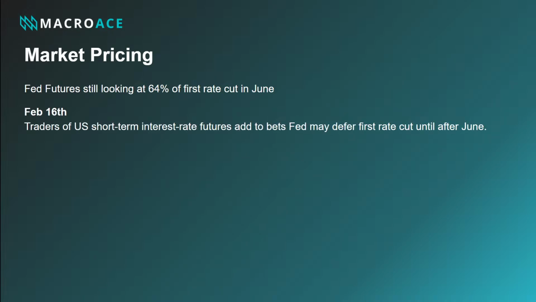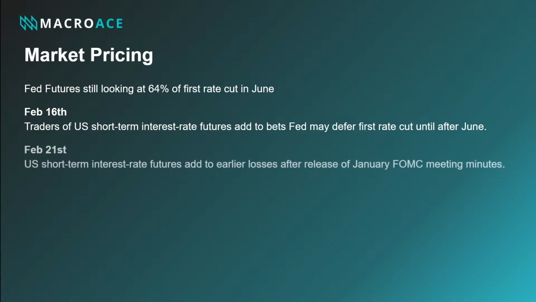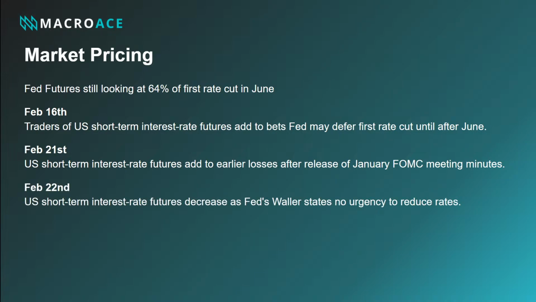February 16th, traders of short-term interest rate futures add to bets Fed may defer first rate cut until after June. 21st, short-term interest rate futures add to earlier losses after the release of the January FOMC. And then interest rate futures start to decrease as Fed's Waller states no urgency to reduce rates. So remember, when Fed funds futures decrease, you just got to calculate the difference between the price.